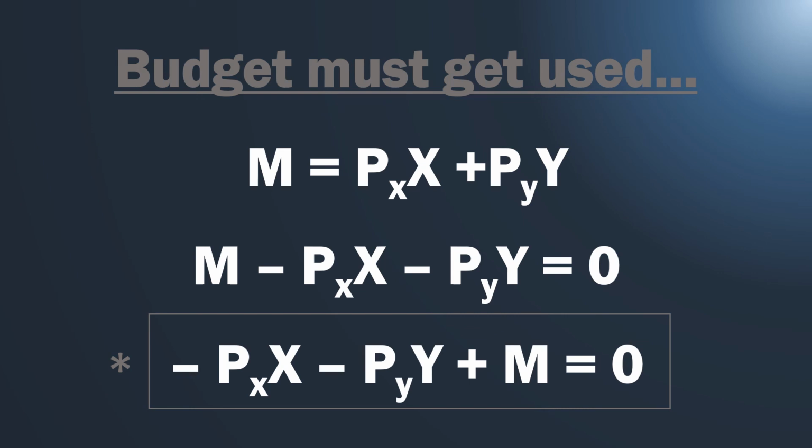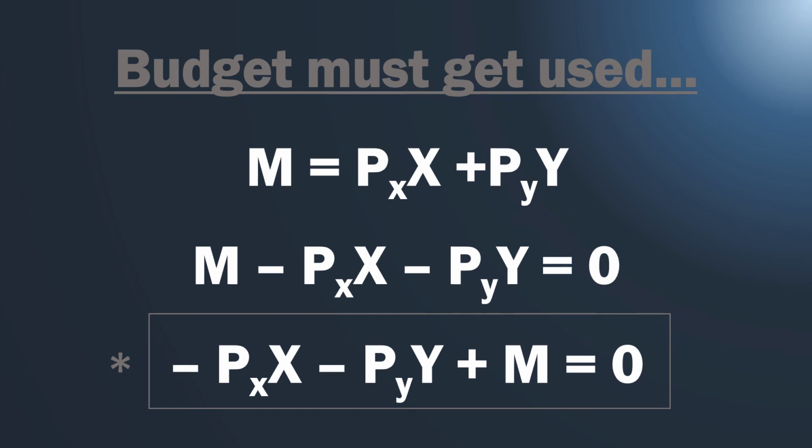So when we're doing the Lagrangian approach, what we're really looking for is this format of the equation right here. We're going to just rearrange the idea that our income or our budget is equal to the price of x times the quantity of x plus the price of y times the quantity of y.